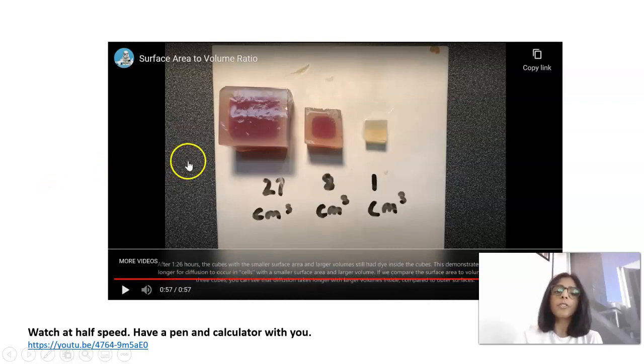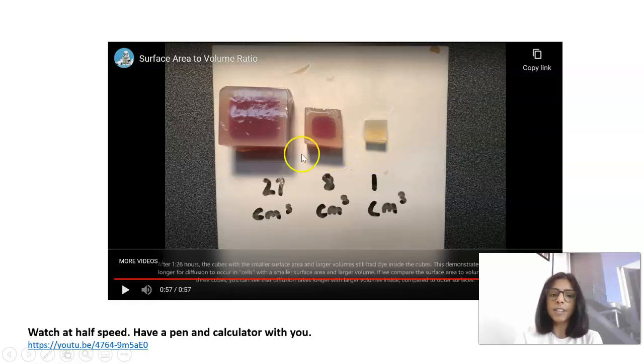Okay, so when you were watching that video, it was really obvious that the smallest cube had the fastest rate of diffusion, the medium one was next, and then the large cube, well, you didn't really get much happening here, just a little bit around the edges. So again, what we're talking about here is surface area to volume ratio.